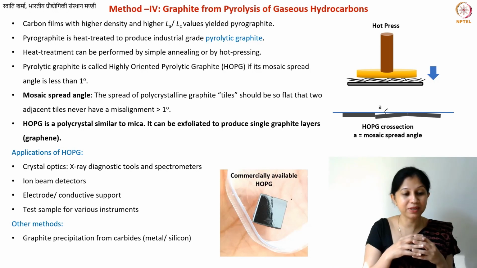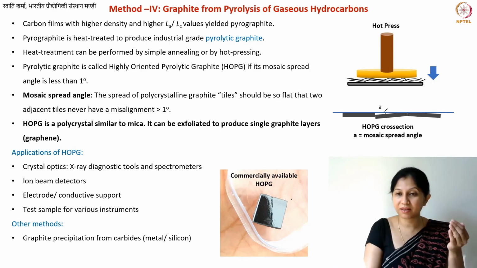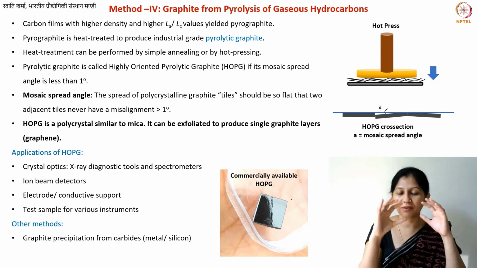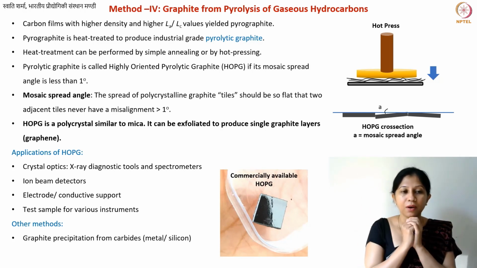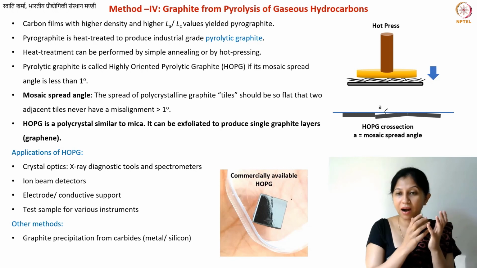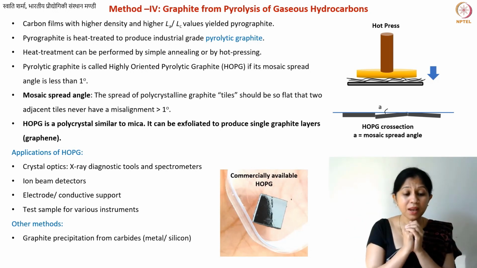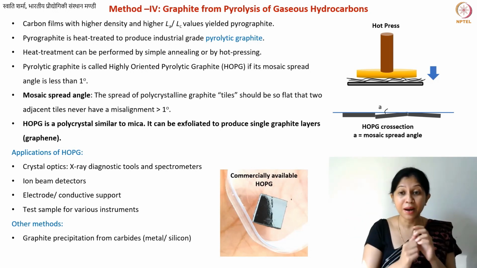And what happens is, on the surface of these metal particles, and the area surrounding that surface, you have what is known as a metal carbide forming. So if it is iron, then you have iron carbide forming around that surface. And then this carbide further precipitates into graphite.